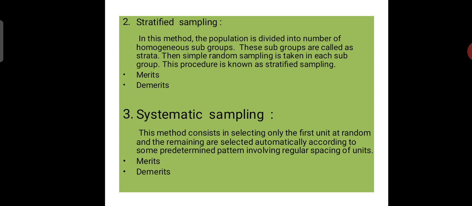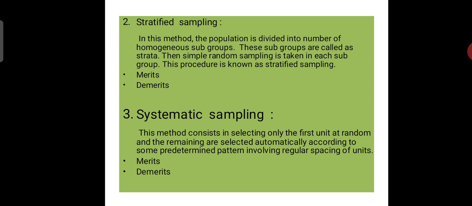What are the merits of this method? The merits of stratified sampling are: number one, it is the most efficient system of sampling because a representative sample is obtained from every stratum or group.